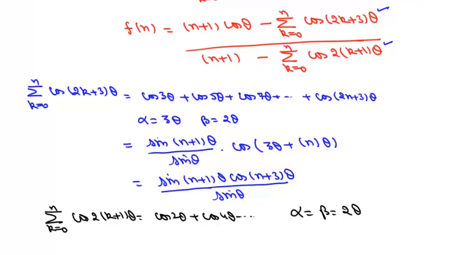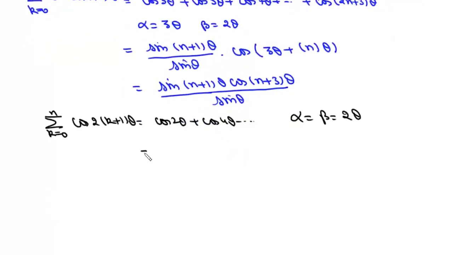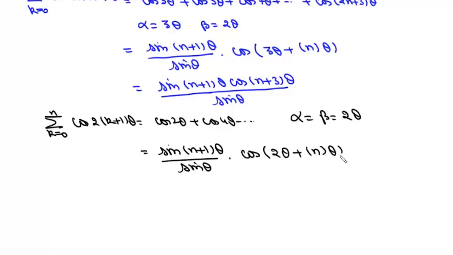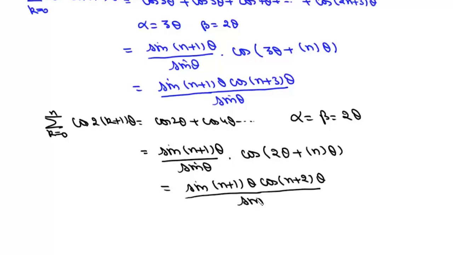So we can write this as sine (n plus 1) theta upon sine theta into cos(alpha plus (n minus 1) theta). So it will be sine (n plus 1) theta into cos (n plus 2) theta whole divided by sine theta. So now we have the result for both the summations.